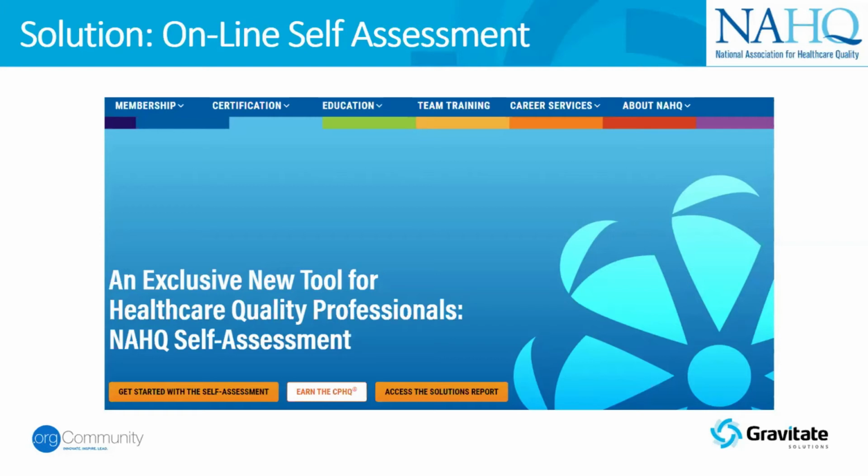Obviously, NAHQ themselves uses the data internally, but what they really want is for their members to be able to look at this data and compare themselves to other members. And their members, from what I understand, find that very valuable.